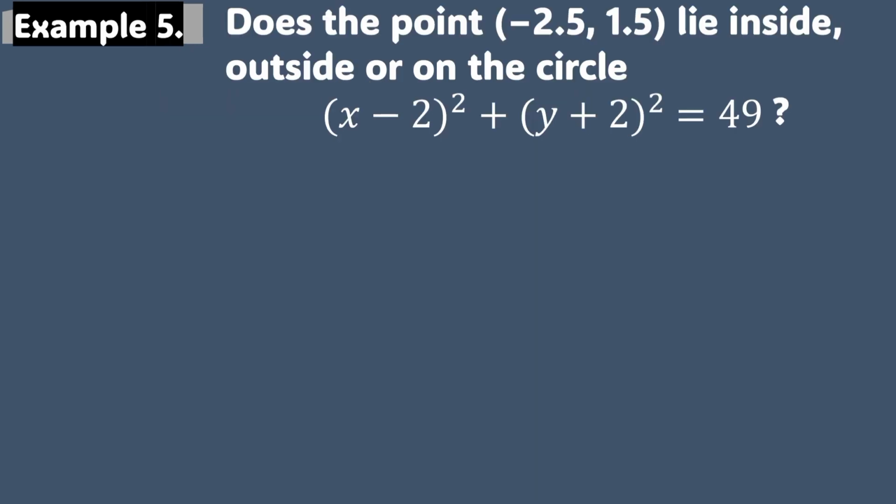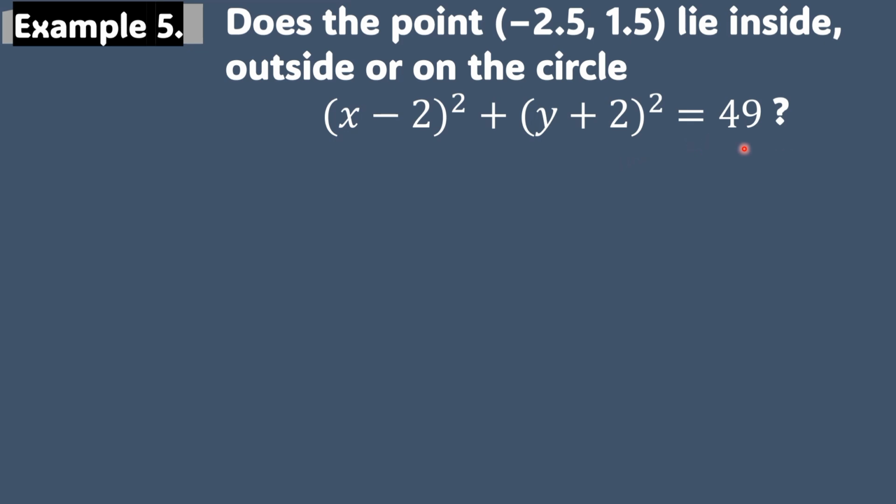Example number 5. Does the point (-2.5, 1.5) lie inside, outside, or on the circle with the equation the square of x minus 2 plus the square of y plus 2 equals 49?